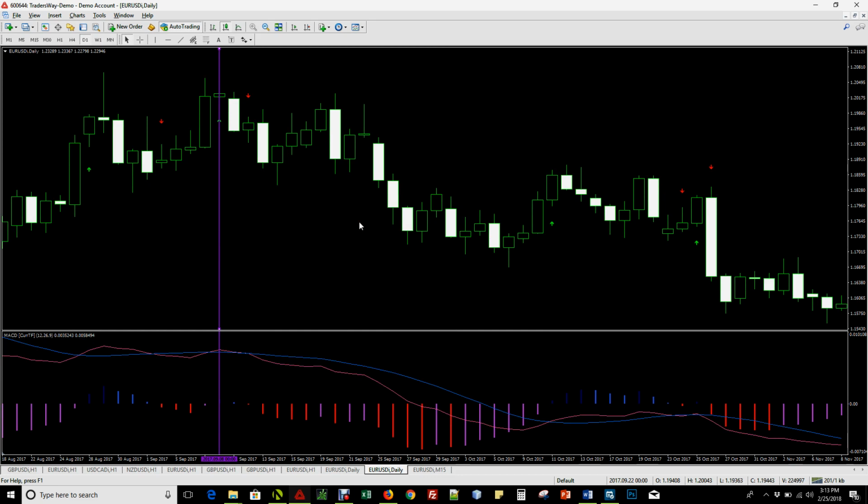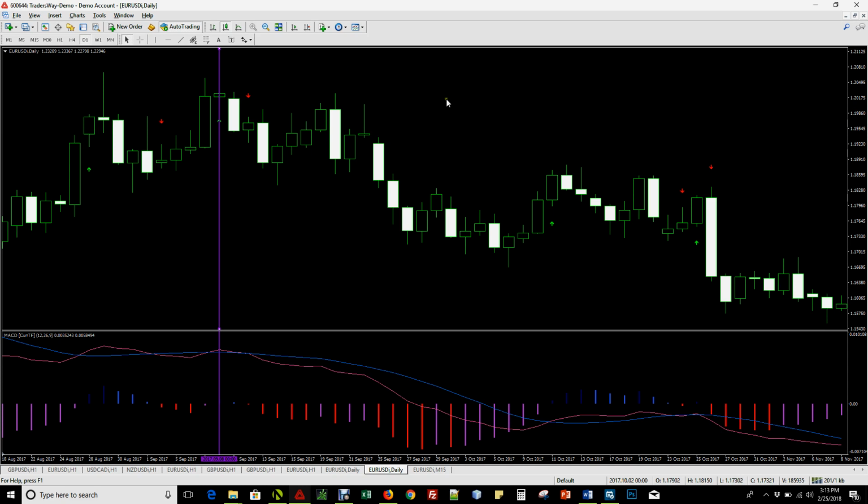I hope that this has been a decent explanation of a good way to use the MACD. Like I said, just remember daily time frame, and remember the rules. Wait for a signal from the MACD indicator there.